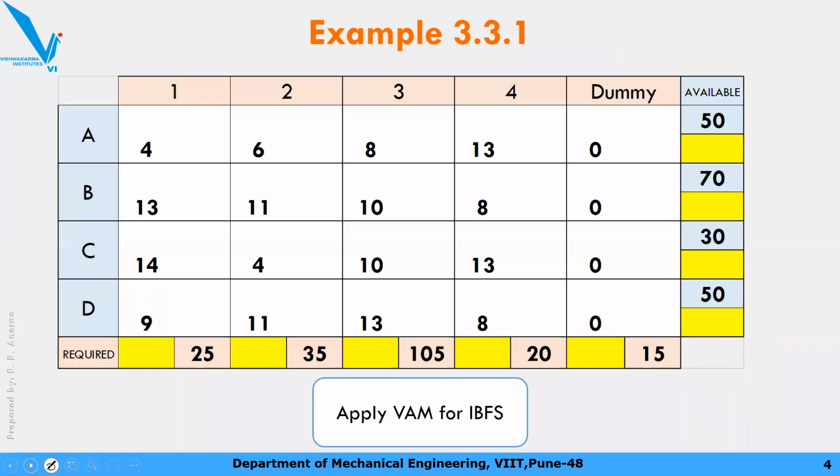Okay, next, now we need to find the initial basic feasible solution. Again we will go with the VAM method because it will reduce the number of iterations in the optimization process. So apply Vogel's approximation method. Calculate the differences.